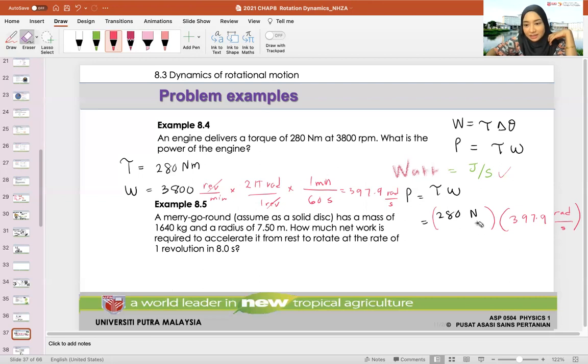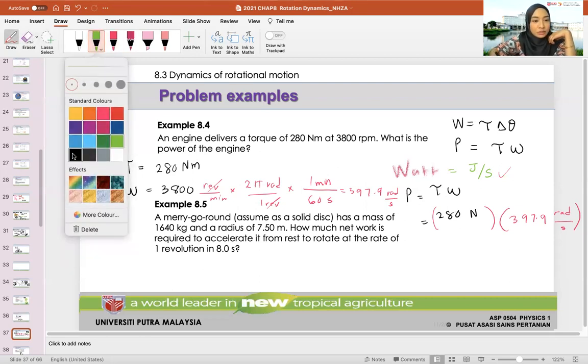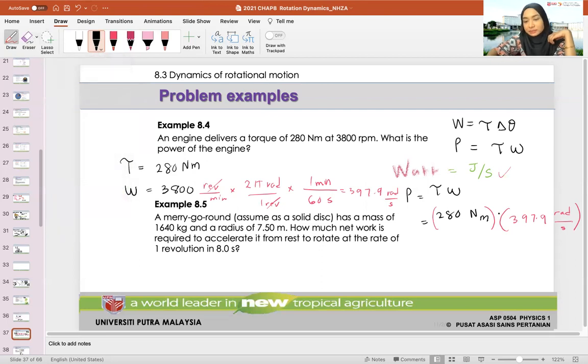Nobody is correcting me. Newton meter, right, correct. How do I get joules, guys? What is the equation for work? Force times displacement. Okay, so force times displacement.